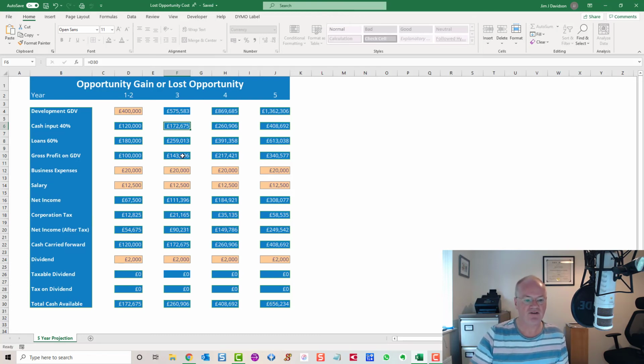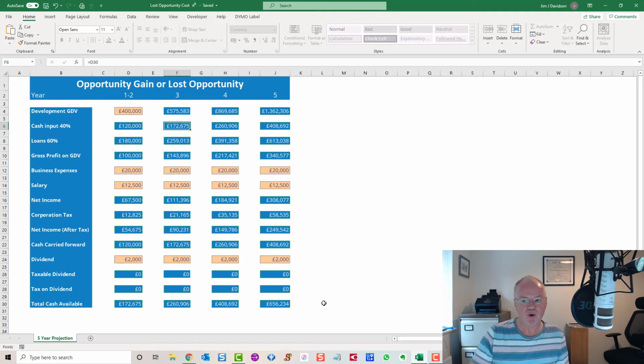Therefore your GDV on that's going to be 143,000, and the total, without going through all the figures again, the cash available at the end of the development is 260,000, and then we carry through this to year 4 and subsequently to year 5. And so at the end of year 5, we found that we've got a cash chunk of money of 656,000.